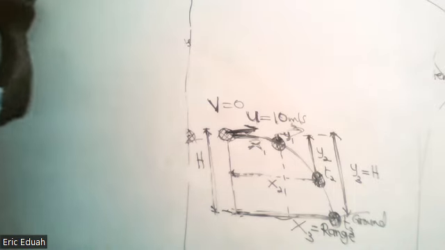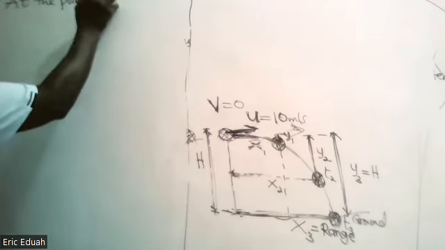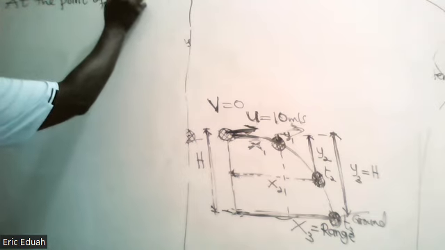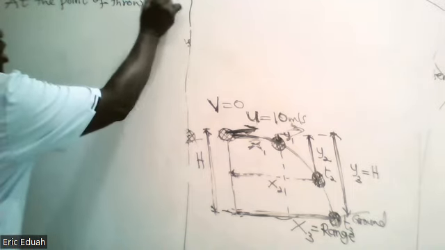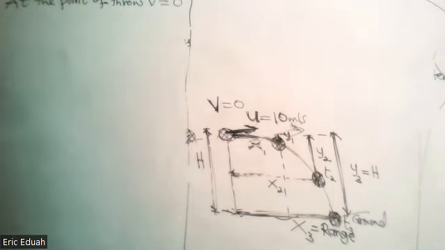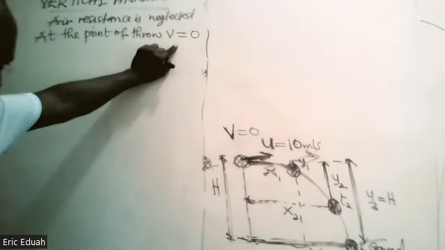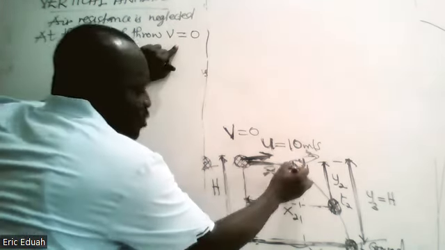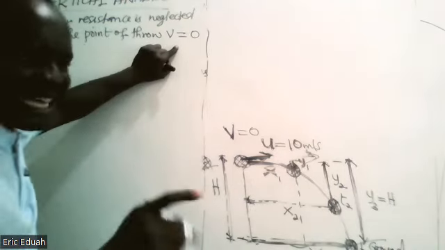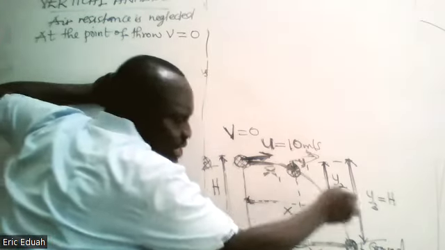So at the point of throw, the initial vertical velocity, V, is equal to 0. Are we fine? However, as time goes by, after T1, T2, you realize that due to gravity the vertical velocity will be increasing.